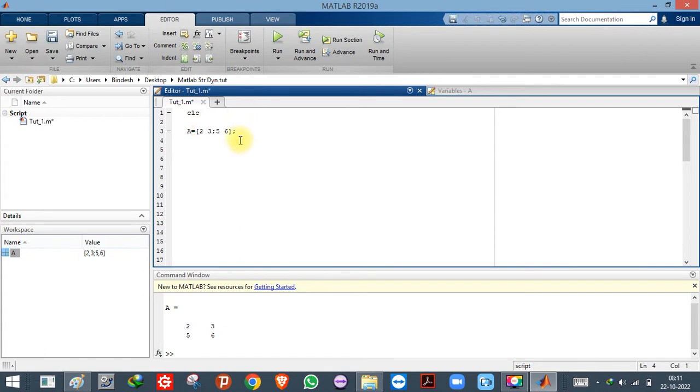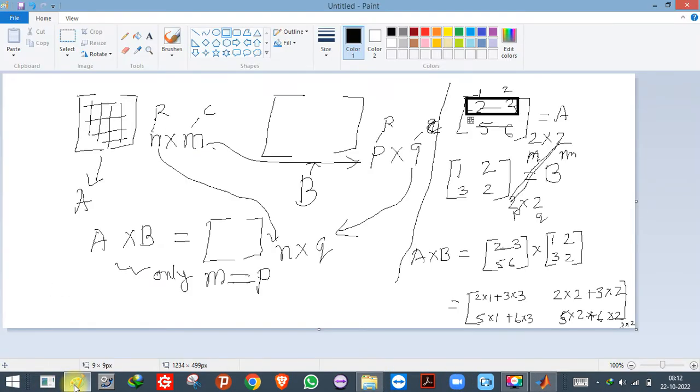Now you can write matrix B in the next line, or you can continue in this line giving a semicolon itself. Similarly, give a third bracket, close the line. Now what is the B matrix we have written? 1 2 3 2.